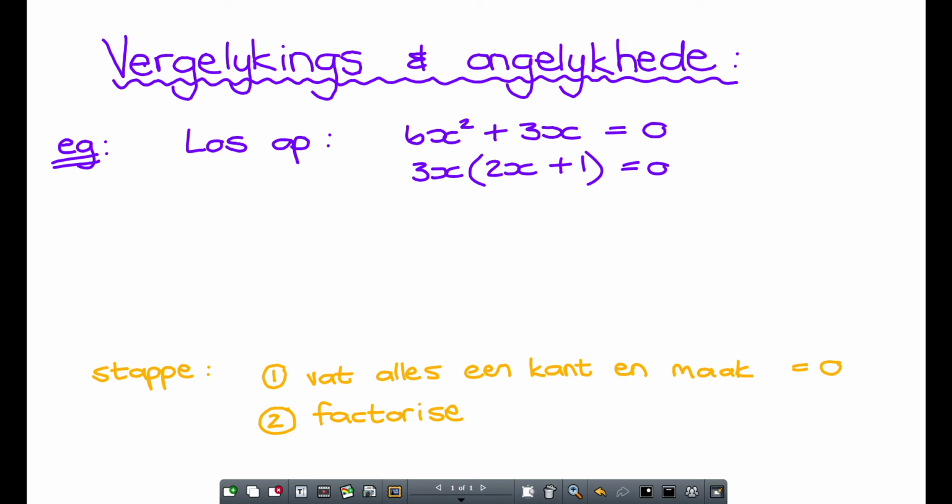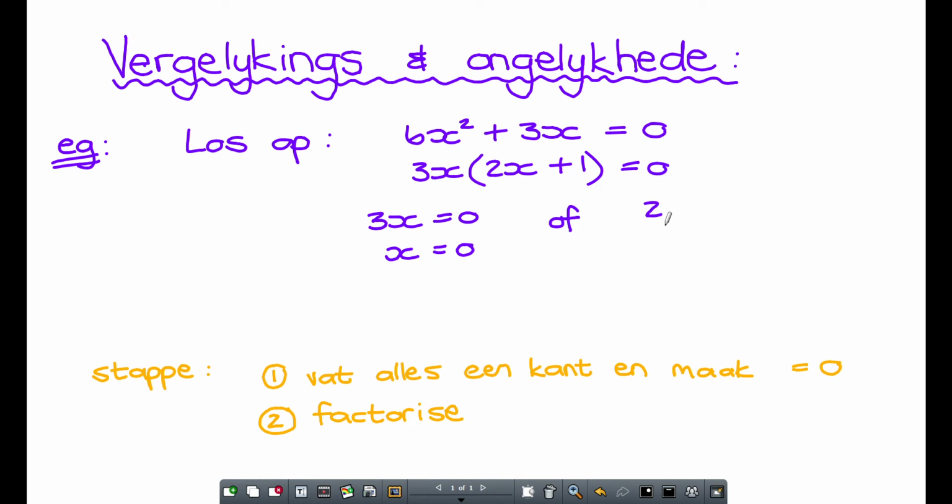Dan het ons gesê, take this first one, make the 3x equal to 0. Met ander woorde, x gaan daar wees 0. Onthou julle nog dit? Ek vat nou nie vreeslik tyd om te verduidelik nie. Of, mag jy sê en nie, né? Or.